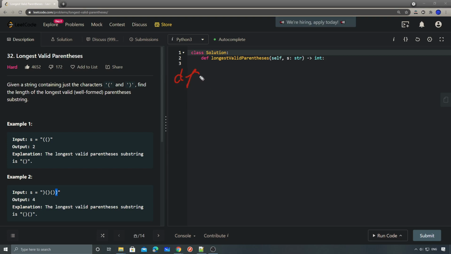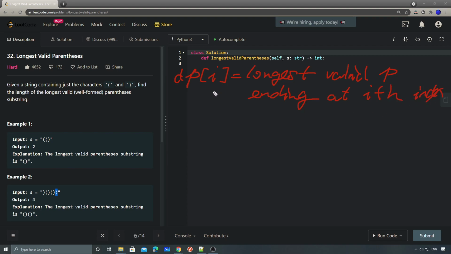We have dp[i] here. dp[i] means the longest valid parentheses ending at index i.